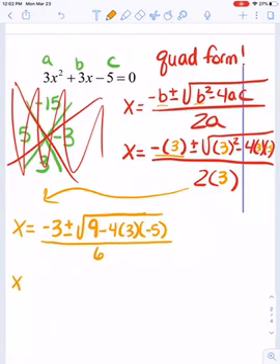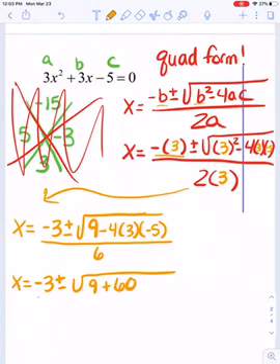Keep simplifying within my radical, so I get x equals -3 plus or minus a square root of 9. Then I got to take -4 times 3, which is a -12. Then I got to take -12 times -5, which gives me a +60 divided by, still by 6.